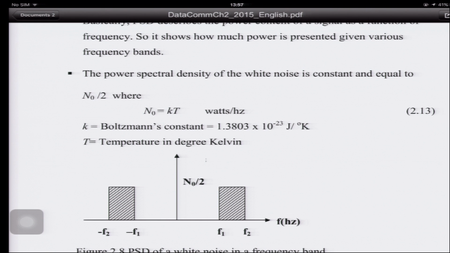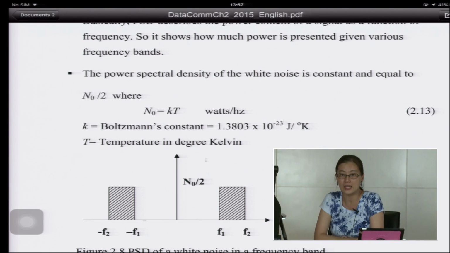What is K here? K is the Boltzmann constant, which is 1.3803 times 10 to the minus 23 joules per Kelvin. So this is the Boltzmann constant. You can just plug this number in. And T here is the temperature in degrees Kelvin.